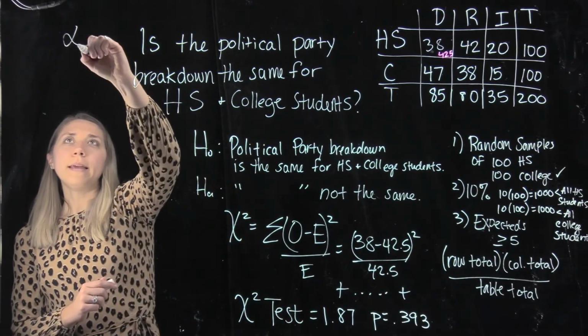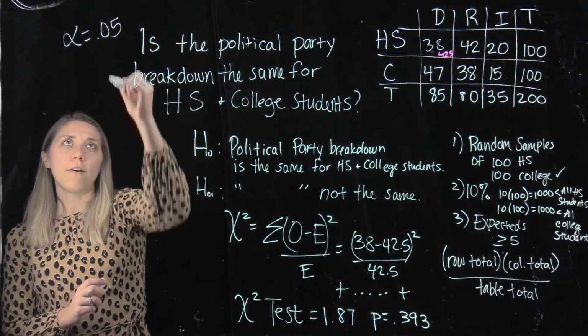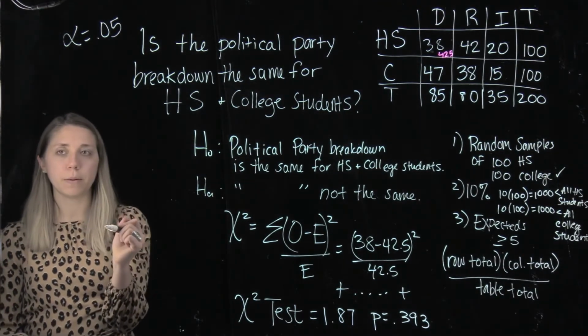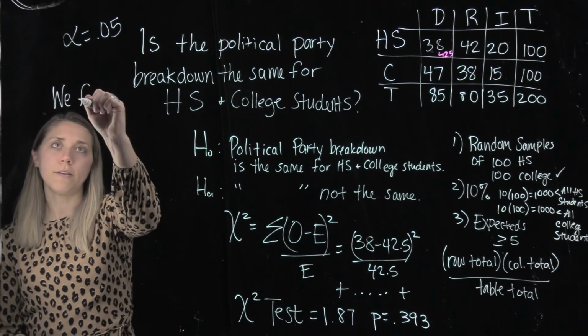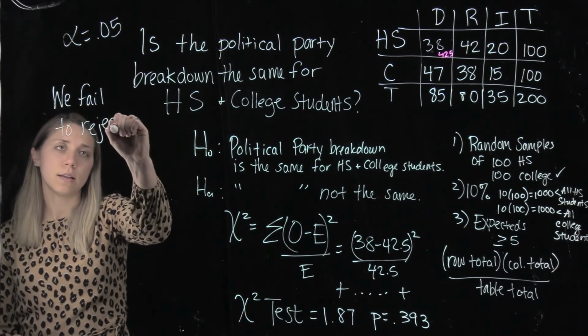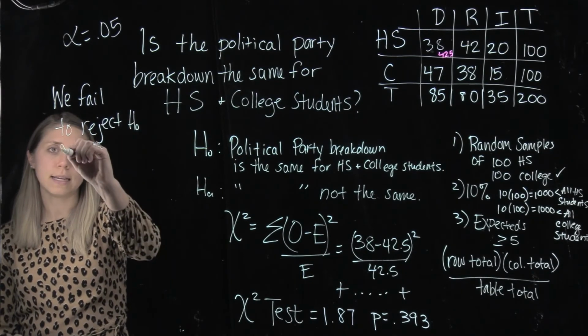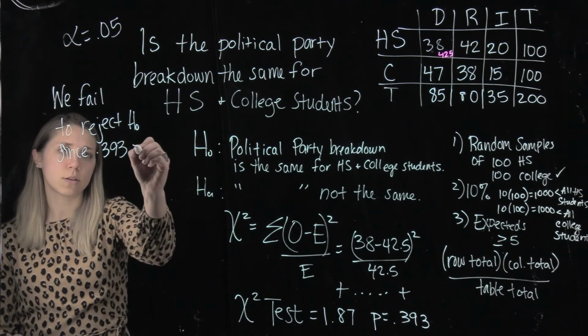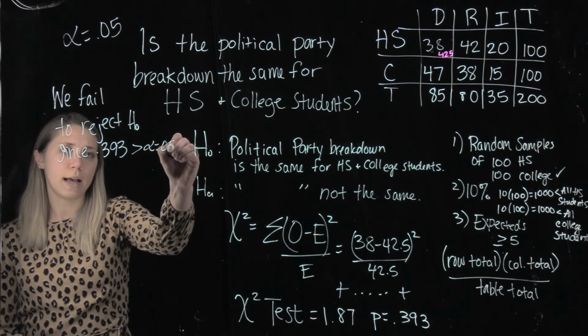So if at the beginning we were to have set our alpha value at 0.05, our conclusion would be that we fail to reject H naught since 0.393 is greater than 0.05.